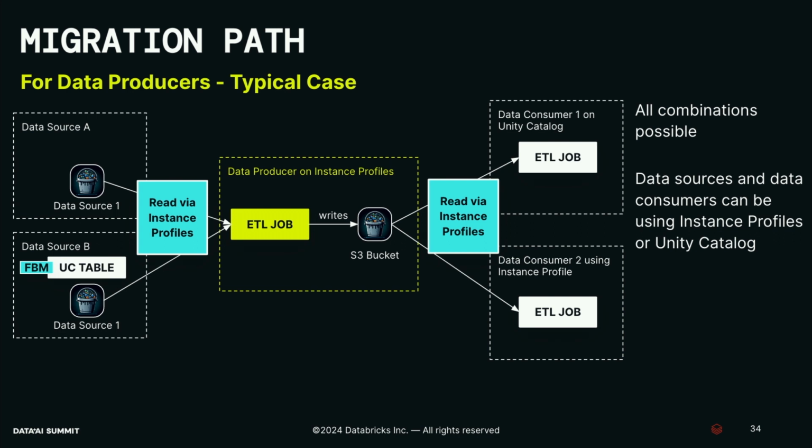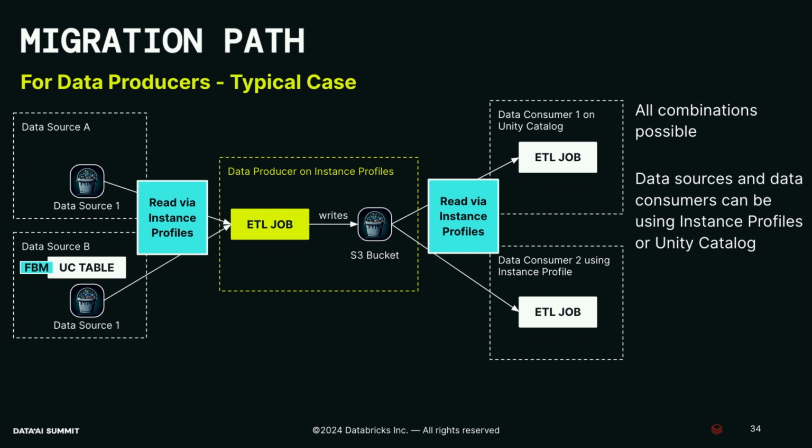So you have the data sources, data source A is still on instance profile, data source B is already available as Unity Catalog table, and also on the consumer side, from the data product that the data producer is producing, there's data consumer 1, which is already using Unity Catalog, and there's data consumer B, which is a little bit slower. It still uses these instance profiles to get access.